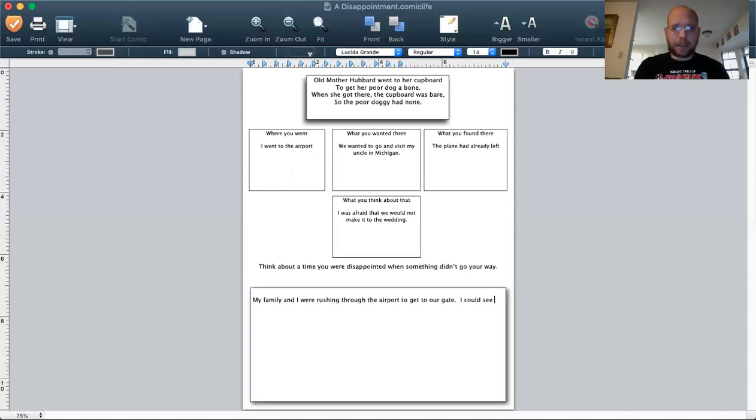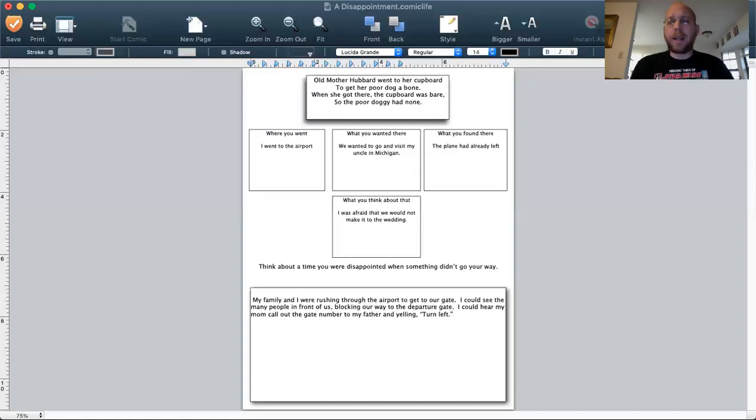I could see the many people in front of us blocking our way to the departure gate. I could hear my mom call out the gate number to my father and yelling, "Turn left."